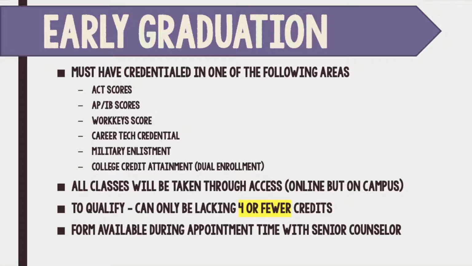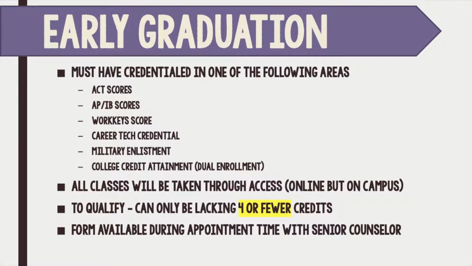You could have credentialed in a career technical class, enlisted in the military, or have taken dual enrollment and gotten college credit while you were in high school. So those are the 7 different ways that you can credential before you graduate. And we're not going to allow students to graduate mid-year anymore without having done that. It's very important. And it's required by the state.